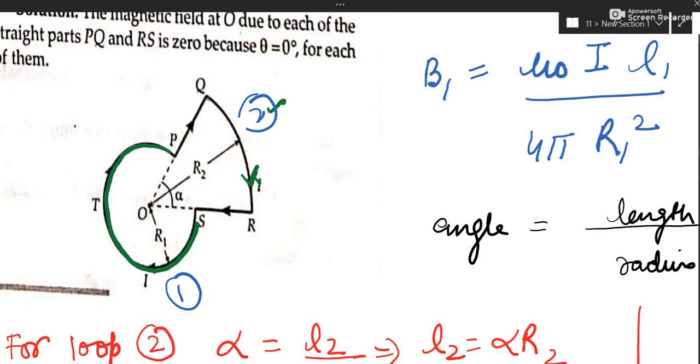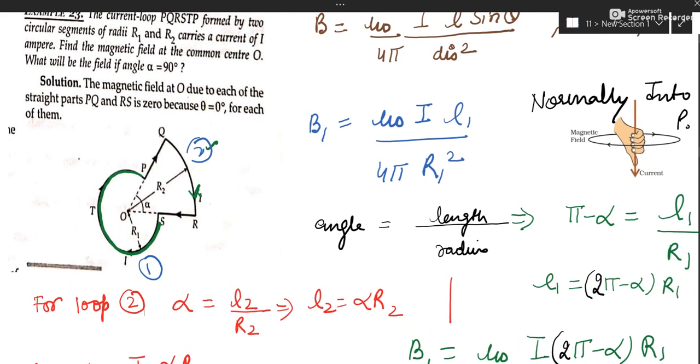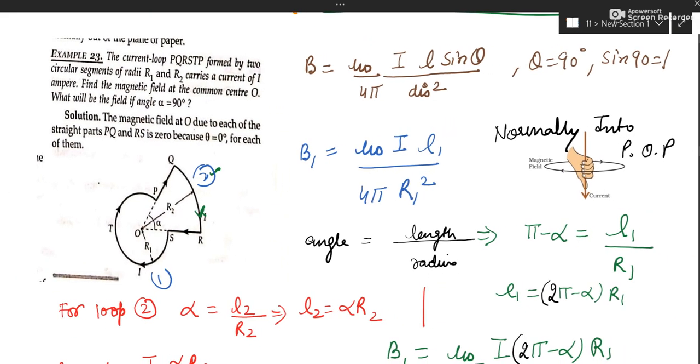Okay, so no need to do these two portions. So let us find the magnetic field now. See, this is not a semicircle, this is not a circle, so that is why I have to go to Biot-Savart's law, IL sine theta by distance square.